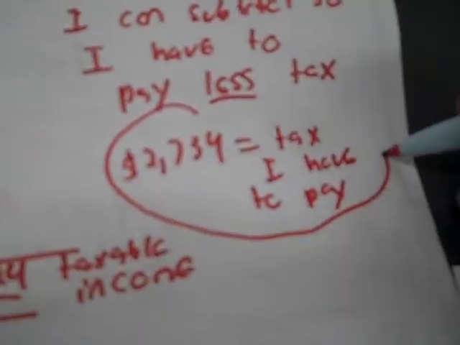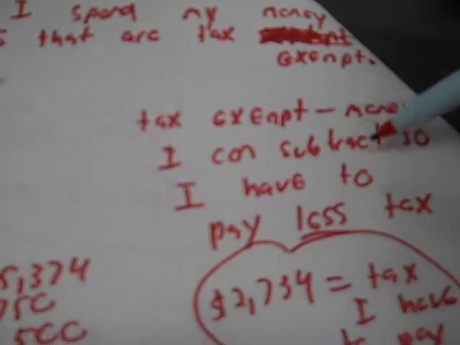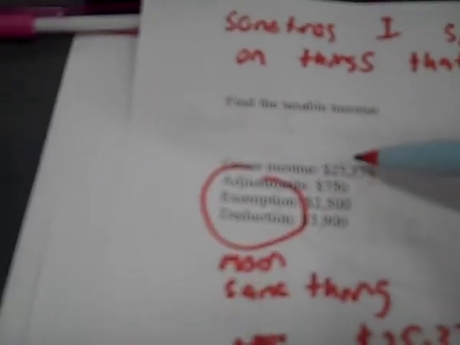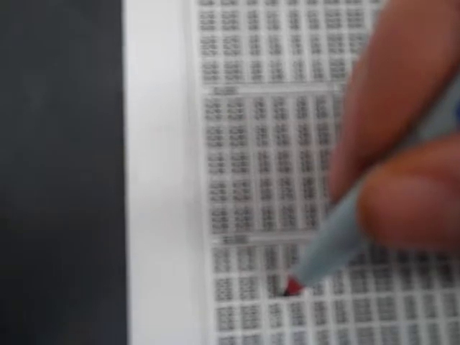So again, that's really cluttered, but that's what you're doing. You're taking your gross income, which is how much money I make in a year, and remember, tax exempt means money I can subtract, so I have to pay less tax, okay? See, if I look up 25,374, okay, so let's say here's 25,374, that's between 350 and 400, that's 4,070.